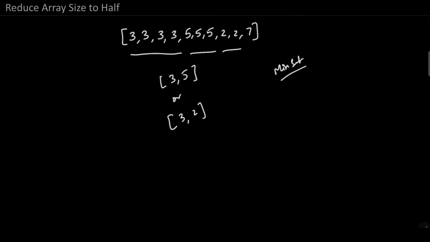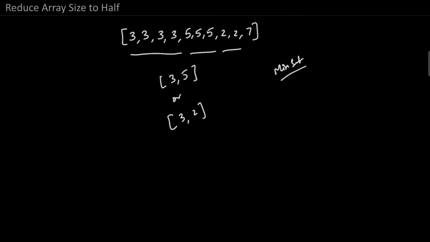So the brute force approach can be to check for the occurrence of each element. And one more thing: this array is kind of sorted, but we can't expect the array to be sorted. That is not provided in the question.